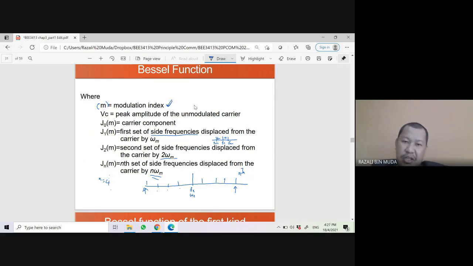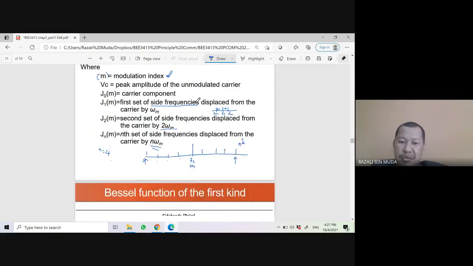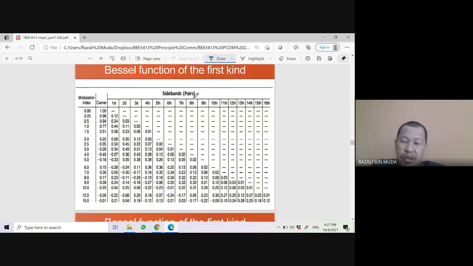Modulation index ni kita akan tengok dia punya nilai M pada table Bessel function table. Okay. So this is the table where the modulation index is on the left, and on the right it has the value for J. Okay, J for the first, second, third, fourth, fifth, sixth till n.